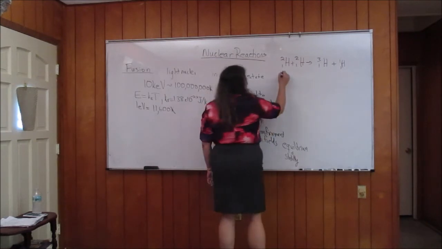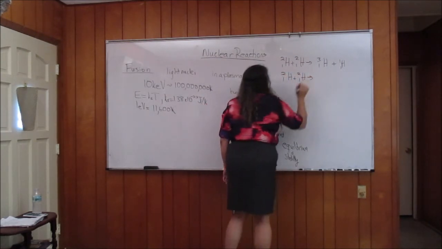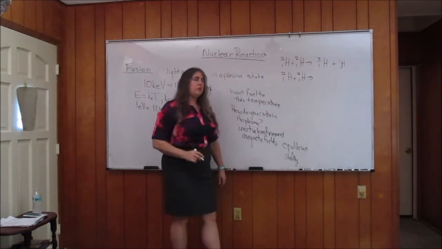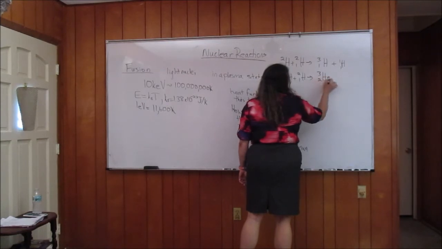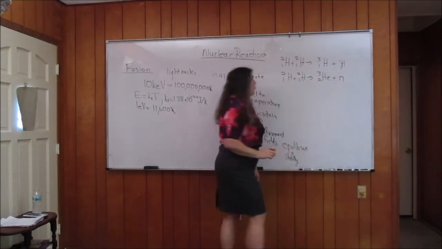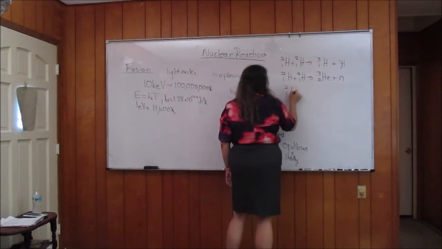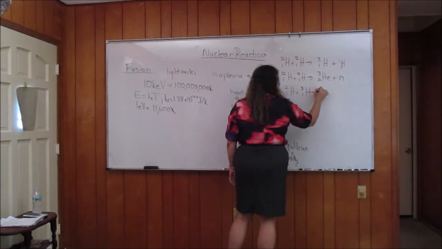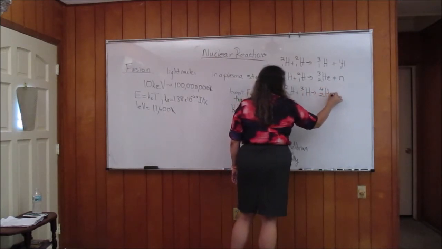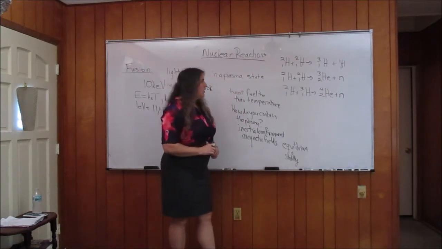Another process that occurs is that two deuterium nuclei combine to form a helium nucleus and a neutron. And finally, you have deuterium undergoing fusion with tritium to produce an alpha particle and a neutron.